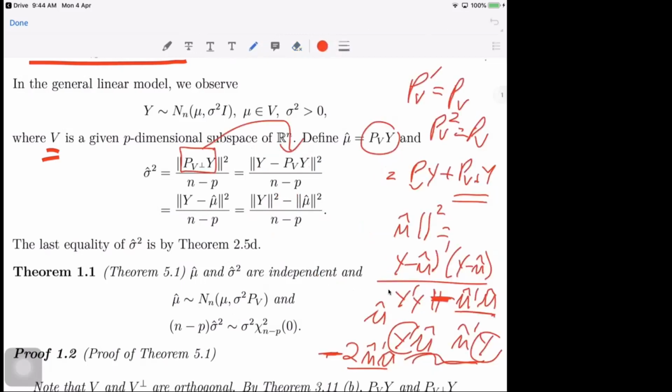If you look at it, it is just the square norm of y minus the square norm of mu hat, but the derivation of that is you have to express this and scrutinize the middle term, why it is equal to minus 2 mu hat prime mu hat plus mu hat prime mu hat, which becomes a minus.